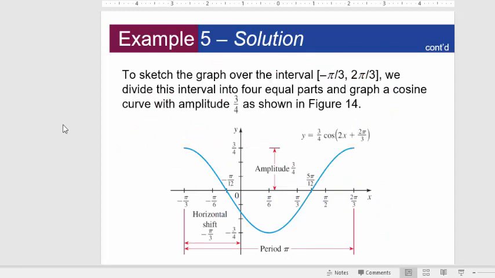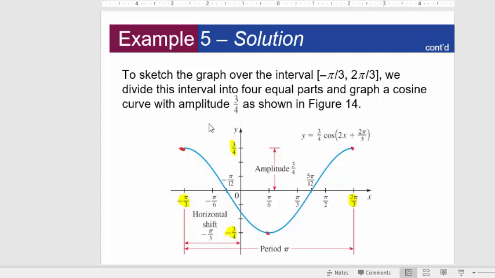So we'll look and we see that the cosine curve started here at negative pi over 3 and it ended here at 2 pi over 3. The amplitude was 3/4, so it started out at a maximum value of 3/4 and it went down to a minimum value of negative 3/4 halfway, and then of course it ended up again back at the maximum value of 3/4.